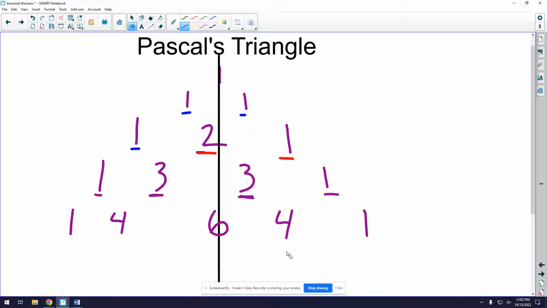So you could continue that as you go, always expanding with 1s on the outside. 1 and 4 would make 5. 4 and 6 would make 10. 6 and 4 would make 10. 4 and 1 makes 5, and end with a 1.